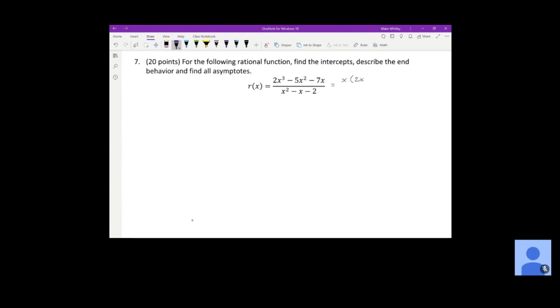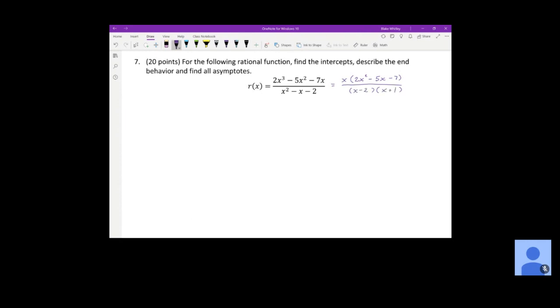That'll leave us with 2x squared minus 5x and minus 7. Right, now, what about the denominator? What would those factors be? Okay, so we got x minus 2 and x plus 1.